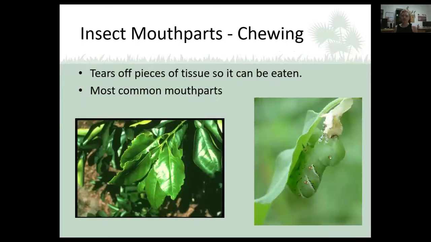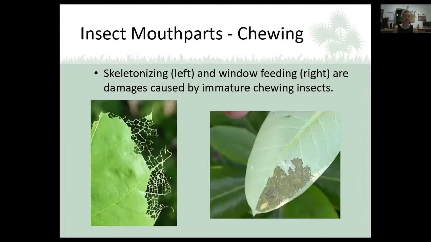With chewing insects, it's common to see asymmetrical pieces of the plant missing, starting from the outermost point of the plant tissue and moving inward along the edge. However, some specialized insects with chewing mouth parts only feed between the leaf veins. So skeletonizing and window feeding is also done by insects with chewing mouth parts.